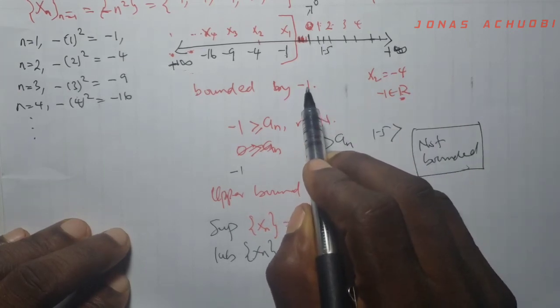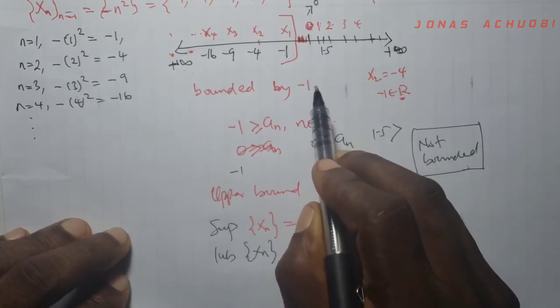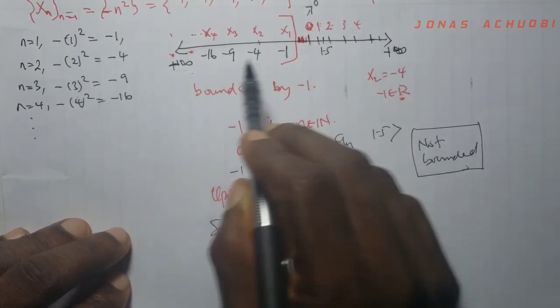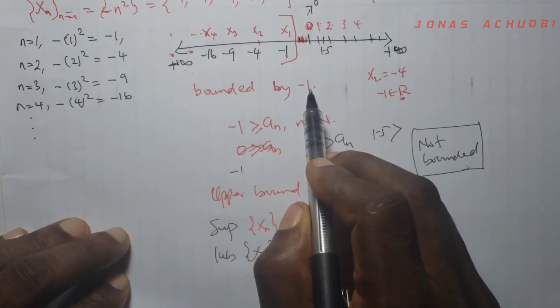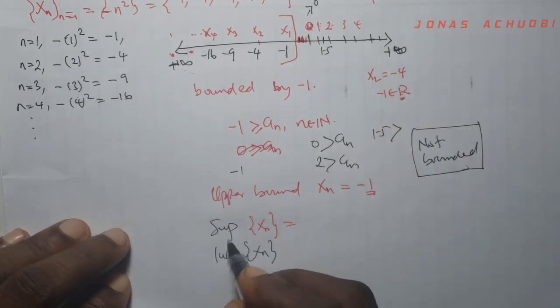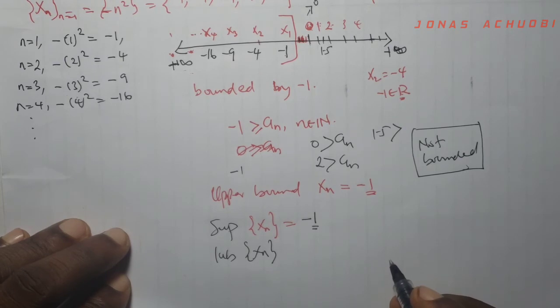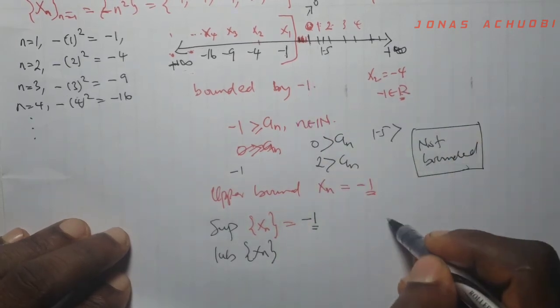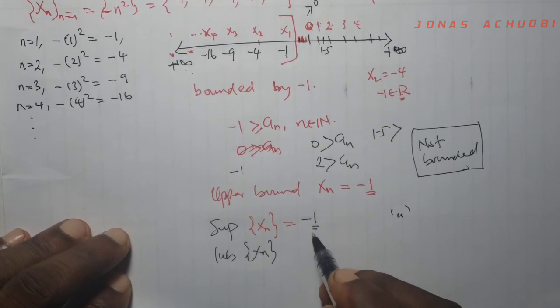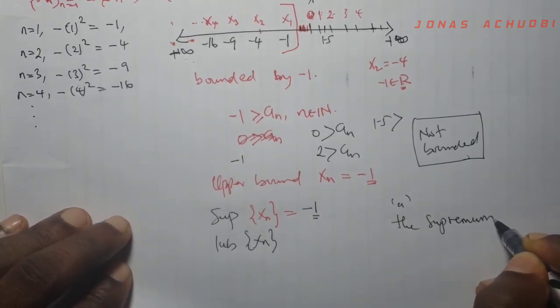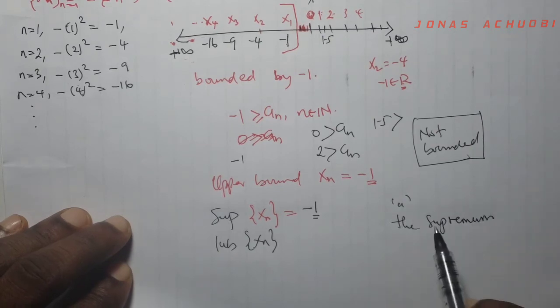Now, every other upper bound that lies to the right of the first upper bound is clearly bigger than -1. So, of all the upper bounds of this sequence, -1 must be the least. Since -1 is the least of all the upper bounds of the sequence, we now say the supremum of the sequence x_n is what? -1. So while -1 is an upper bound, -1 is the supremum, because there can be many upper bounds, but there can be only one supremum.